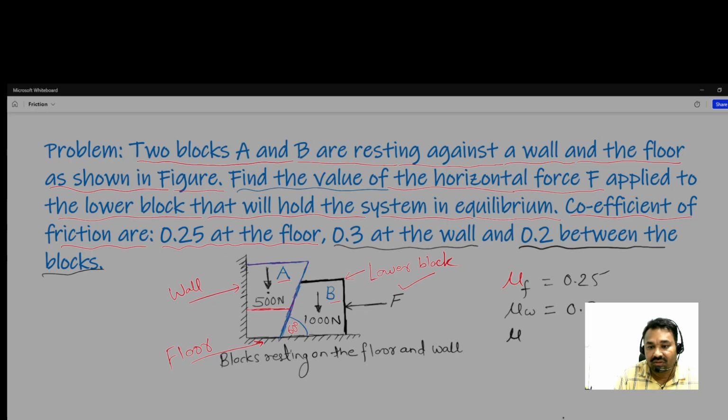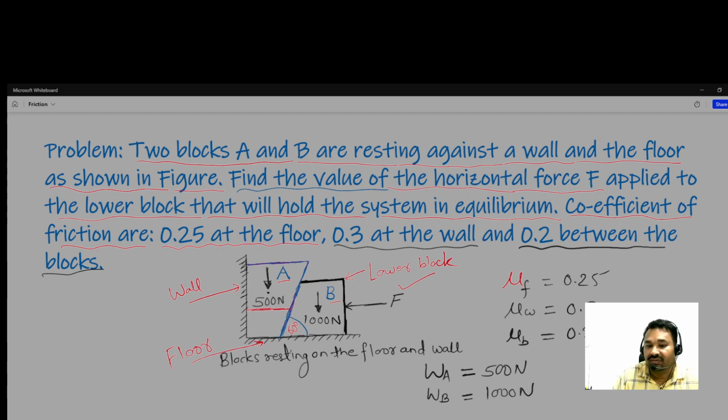So mu b is equal to 0.2. And what about the weight of block A? Weight of block A is given, WA is 500 Newton and WB is 1000 Newton.